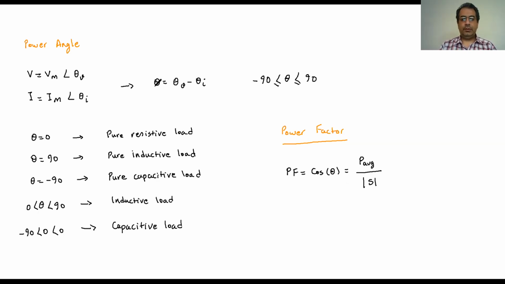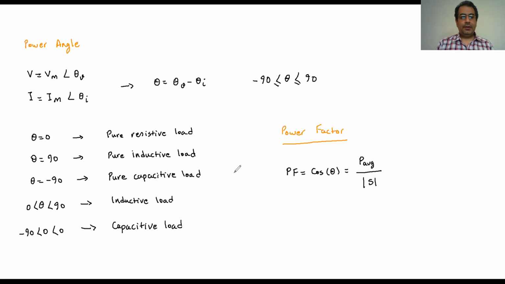So if we know theta, we can calculate cosine theta and find the power factor as well. Basically, the power factor shows the ratio of the power consumed by the resistive load compared to the total power in the system.